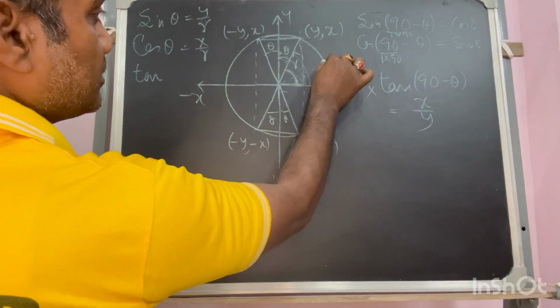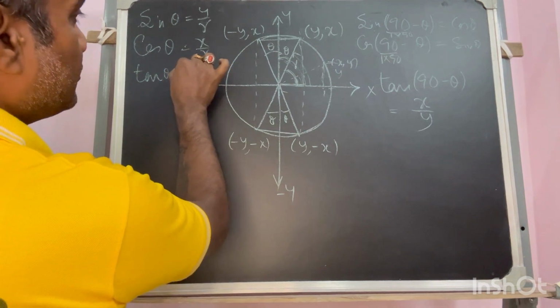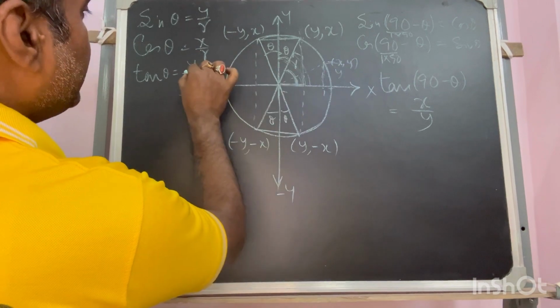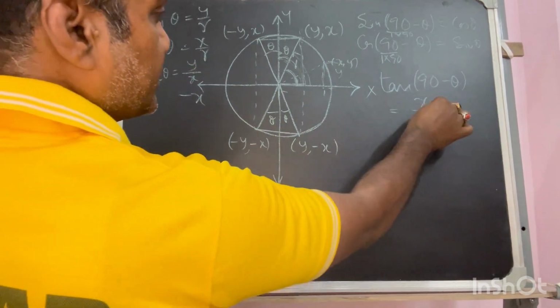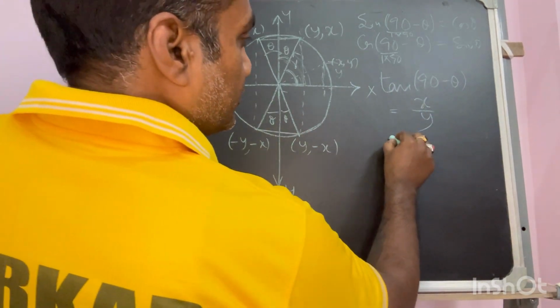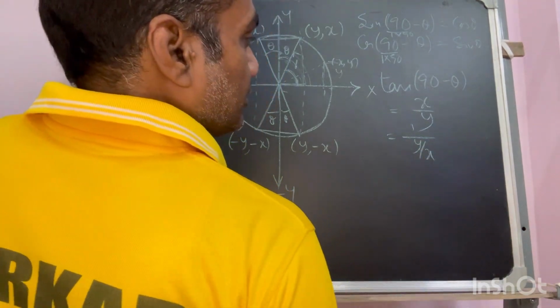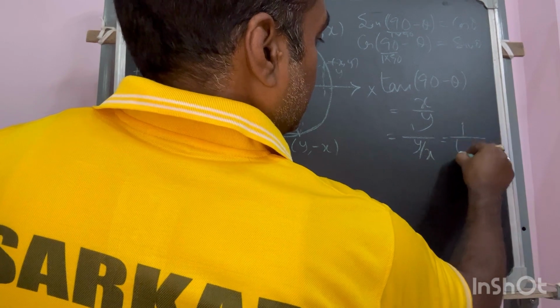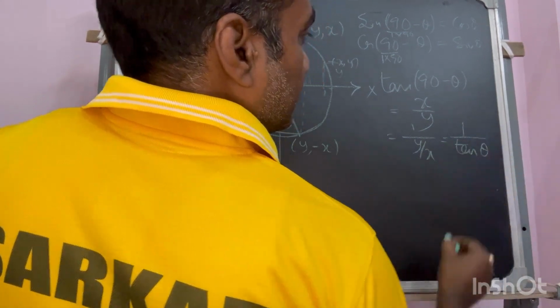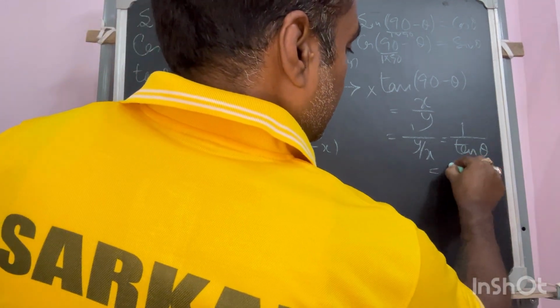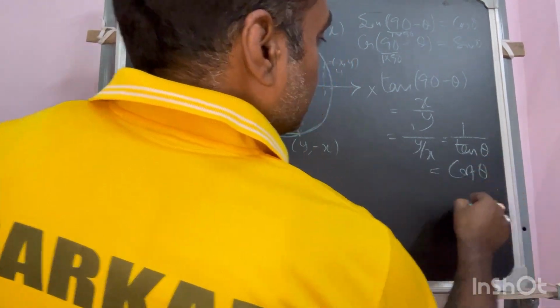For this case, tan theta is equal to y upon x. So that means x upon y is the reverse of y upon x, that means 1 upon tan theta. So tan 90 minus theta is equal to 1 upon tan theta, that is equal to cot theta, the inverse of that.